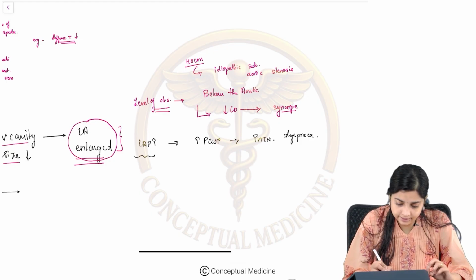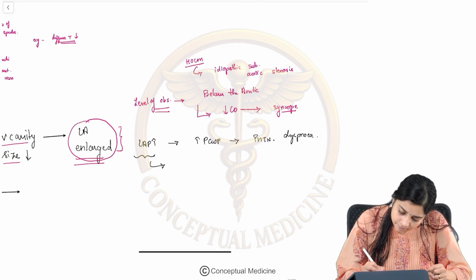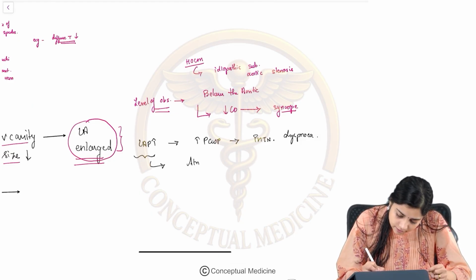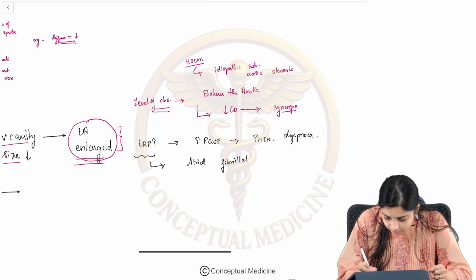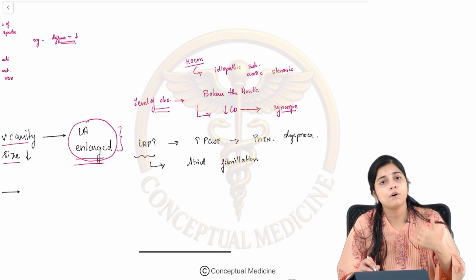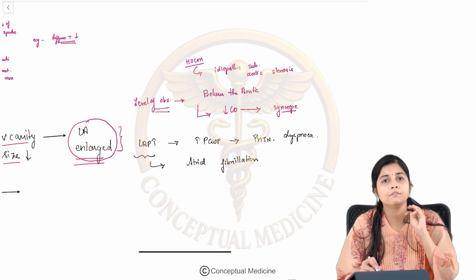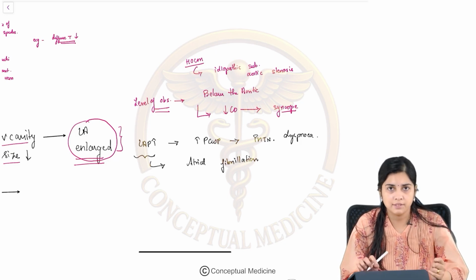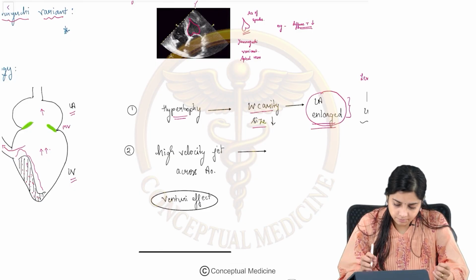Also, this LA enlargement can predispose to which arrhythmia? It can predispose to atrial fibrillation. Fine. So, they have symptoms of decreased forward flow resulting in syncope, and they can have arrhythmias as well, which is your atrial fibrillation. Now, let us look at the second point.